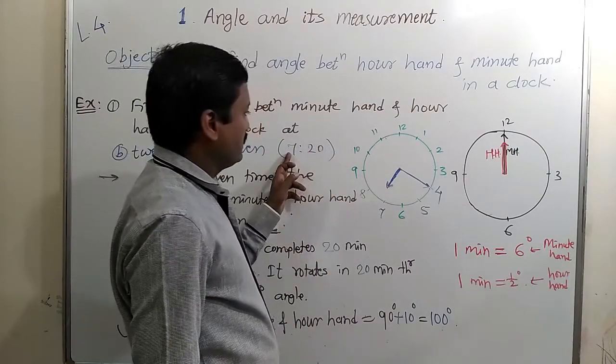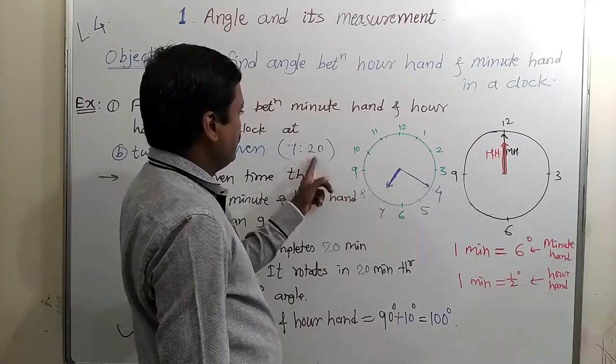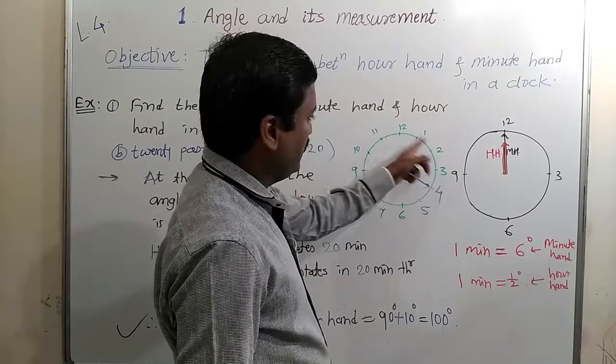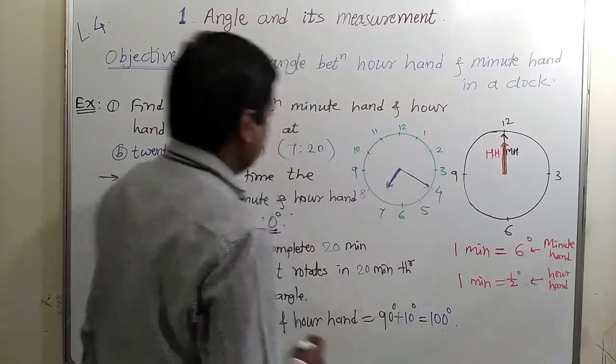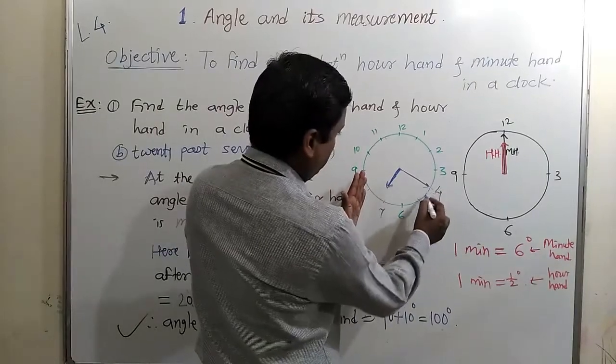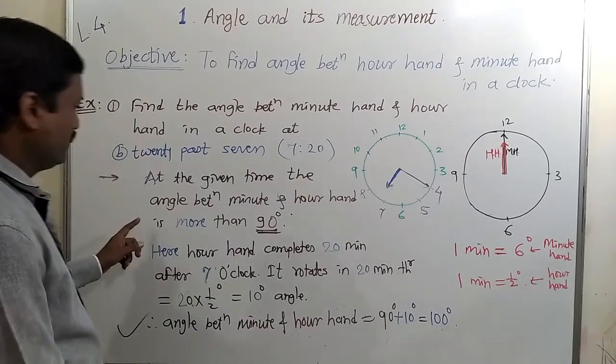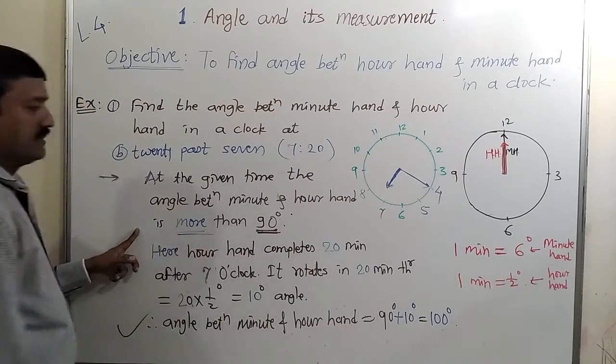So our hand is after 7, it is between 7 and 8, and this 20 minutes means the minute hand will be at 4. Therefore, the angle between these two hands will be 30 plus 30 plus 30, 90, more than 90.